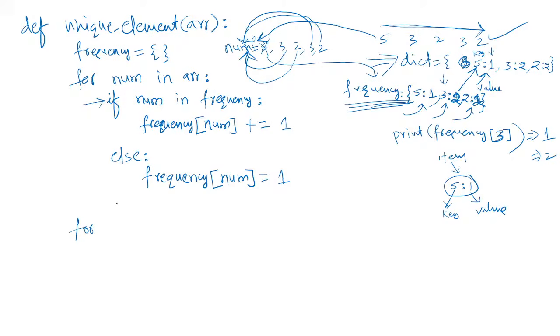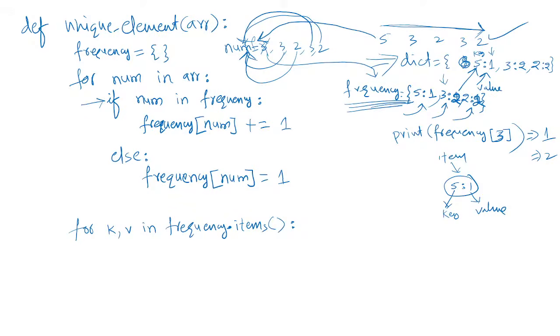To get these two values, you can write for k comma v in frequency dot items. You have a method called items in the dictionary class to get all the items from the dictionary.